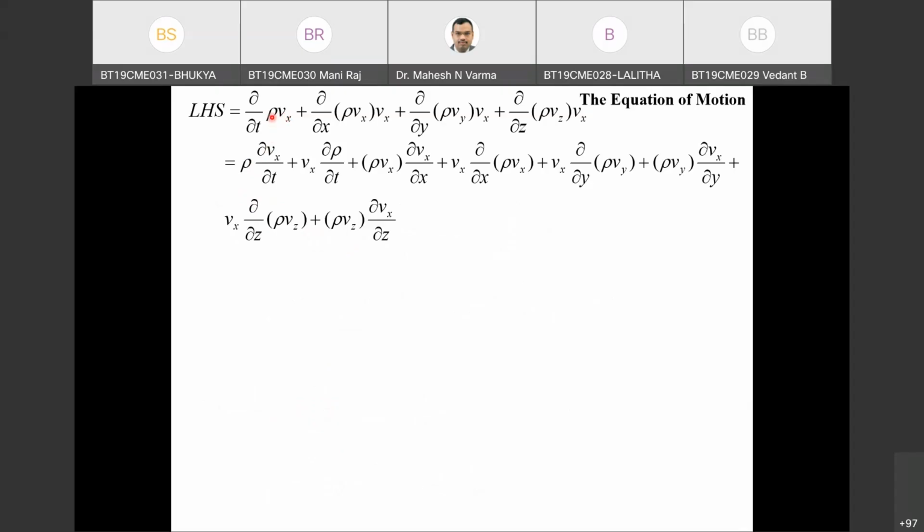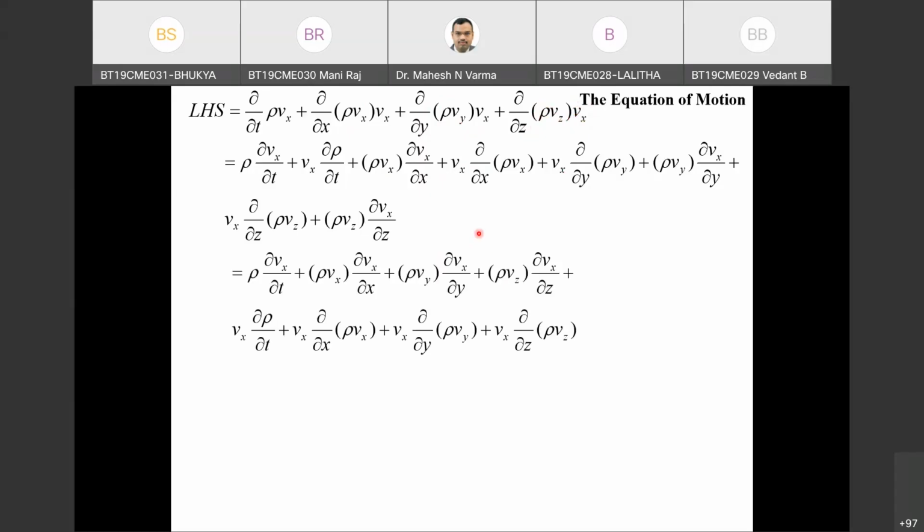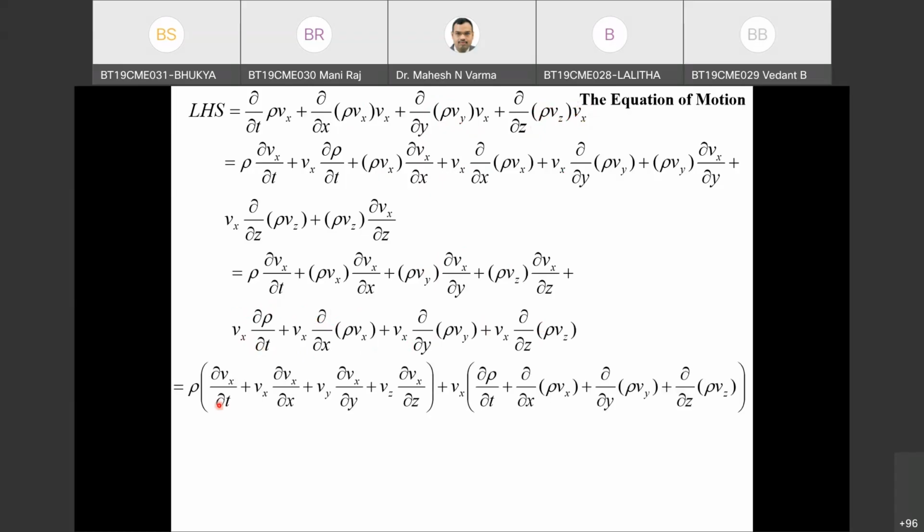Density is not constant. First function into differential of second function plus second function into differential of first function. In the third term, this is my first function and this is my second function. So open up and rearrange. Now you can see we have almost rearranged the equation. Only this term is there.